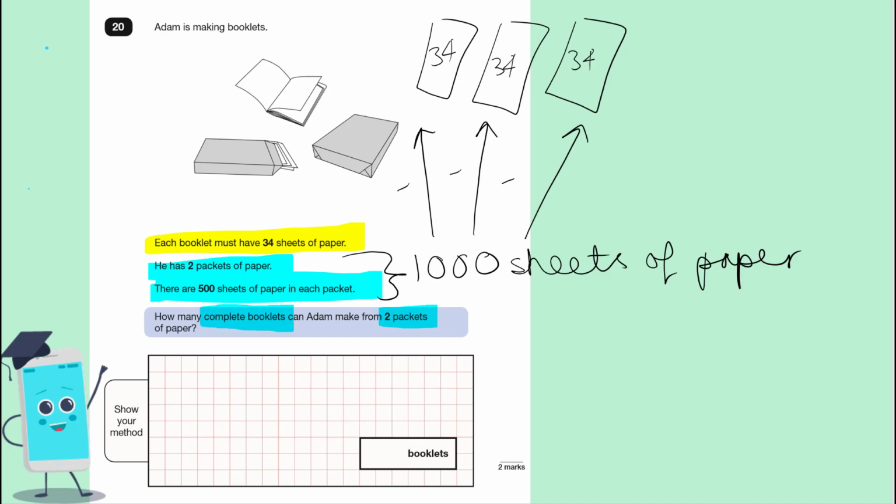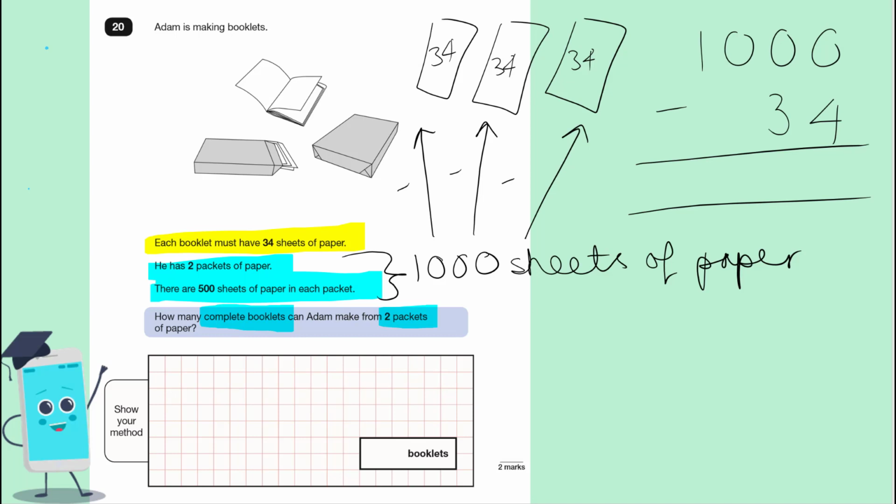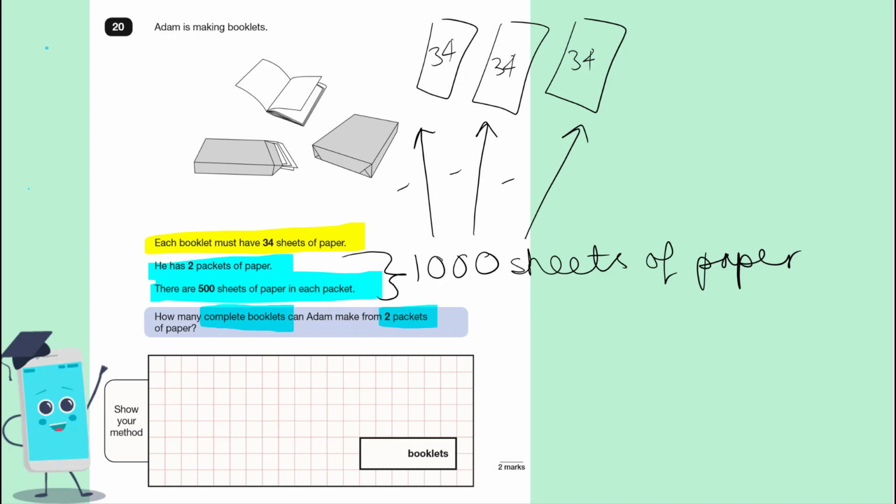Now I don't want to do 1,000 take away 34, so I'm just going to write the answer in because I know that it's 966. Now I don't want to then take away another 34 and take away another 34. That's going to take me forever. But I know that repeated subtraction is the same as division.